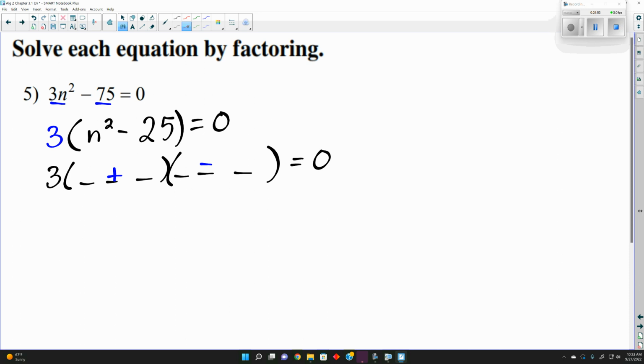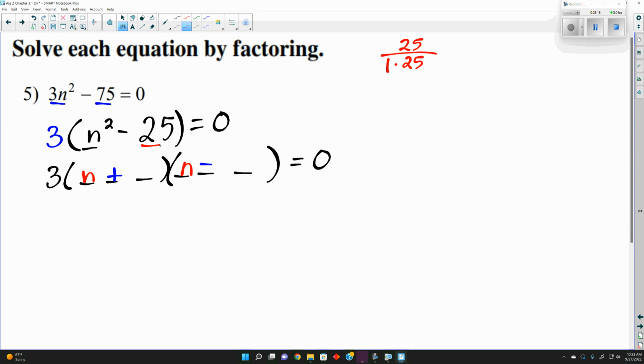Now the factors of n squared are n and n. Those are the only two factors. Now we need to look at the factors of 25. So we're still matching up with the 25, because this is our first and 25 is our third.